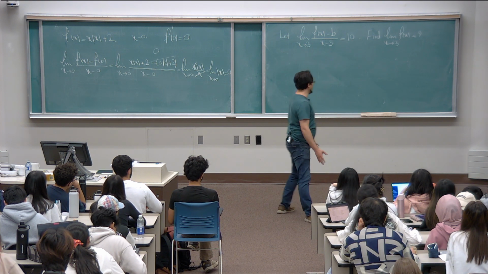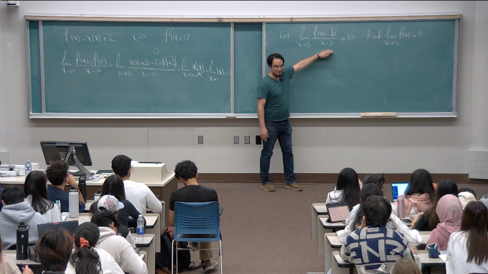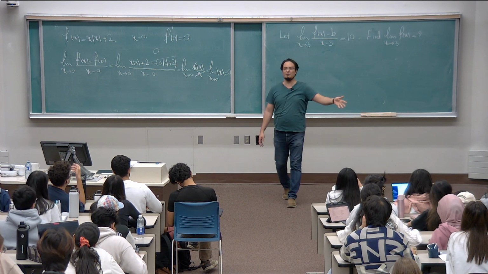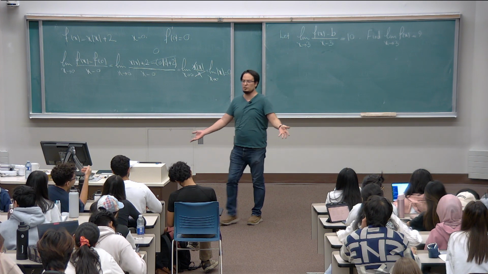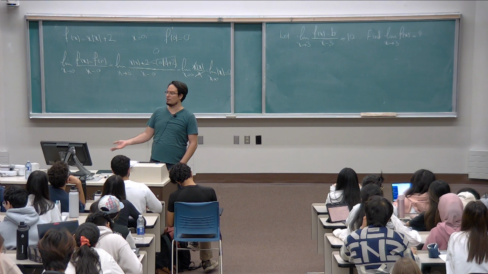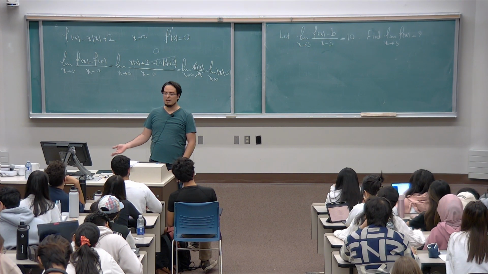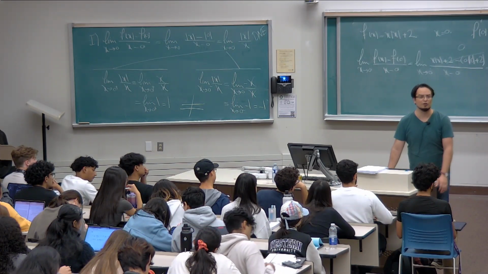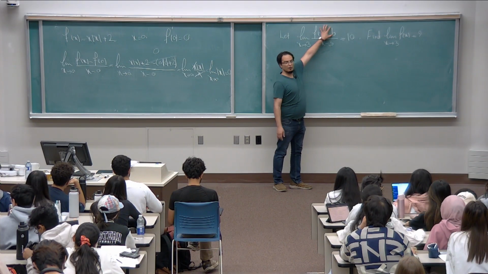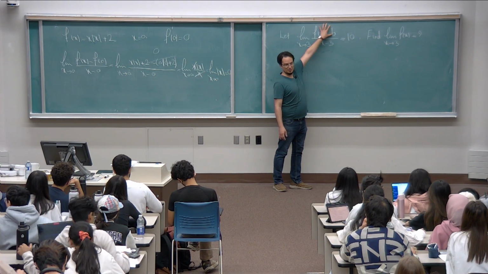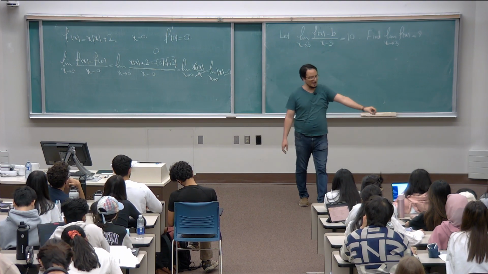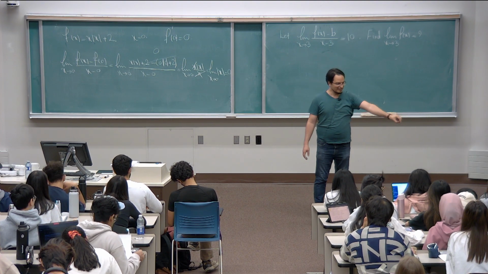Wait a minute. Can you apply the quotient law here? The denominator is 0. The limit of the denominator is 0. What would you do then? Check the limit of the numerator. If the limit of the numerator is not 0, you have a number in the numerator divided by 0, then we wouldn't be able to find the limit value.